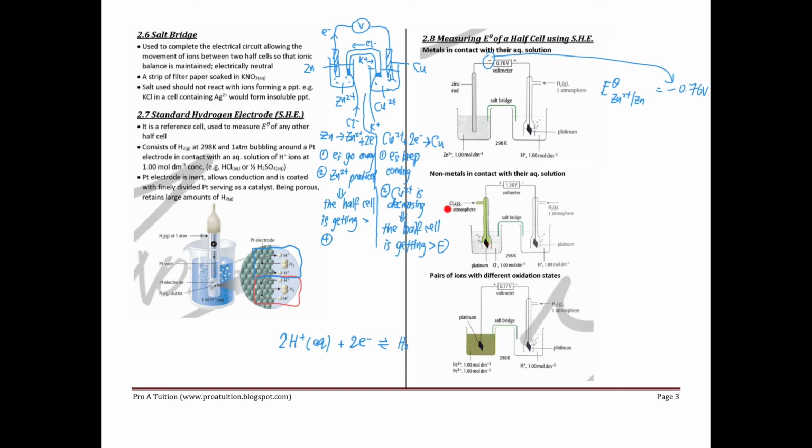The chlorine gas has to be channeled in by using this tube, and then the ions stay in the electrolyte. So the diagram is like this, and this diagram is the same as the standard hydrogen electrode.